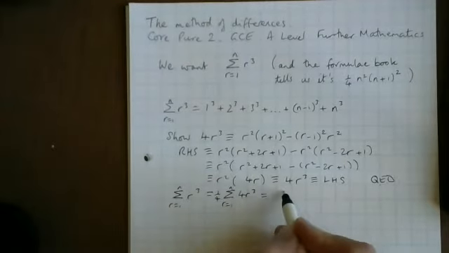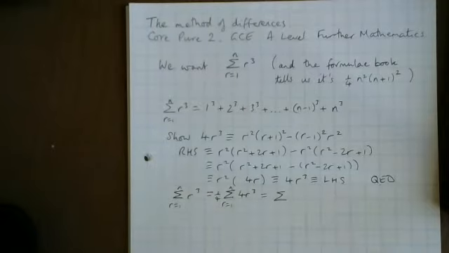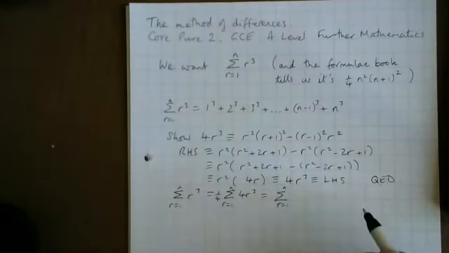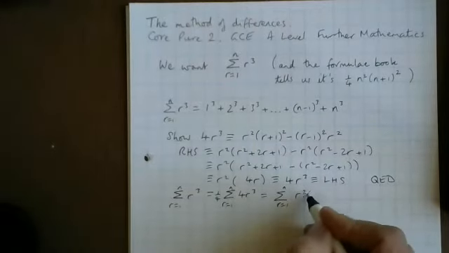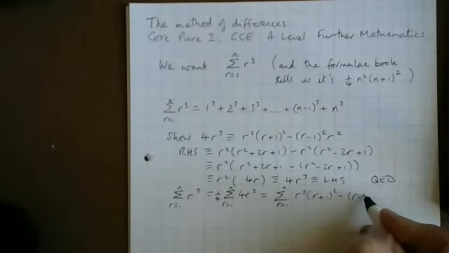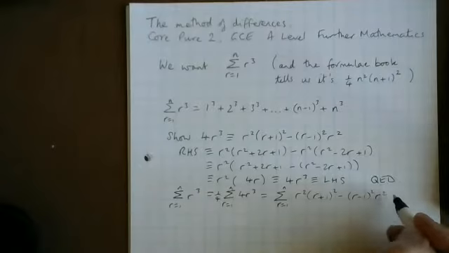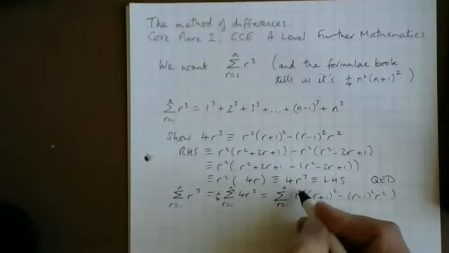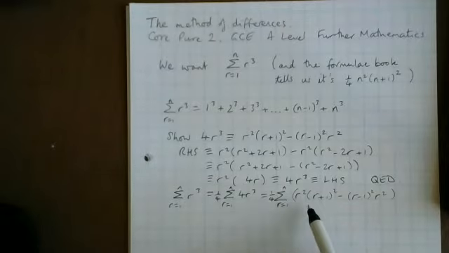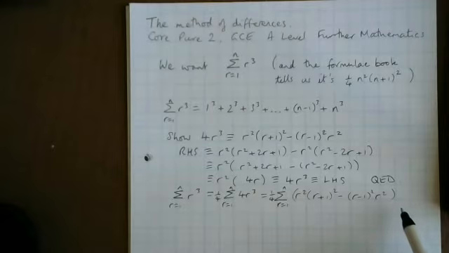But that's the sum, given that we've just demonstrated that 4r cubed is this up here, the sum from r equals 1 to n of r squared, r plus 1 squared, minus r minus 1 squared, r squared. That's all inside the sum, and that's 1/4. So the sum of r cubed is 1/4 times the sum of this. Now this is where the trick comes in.